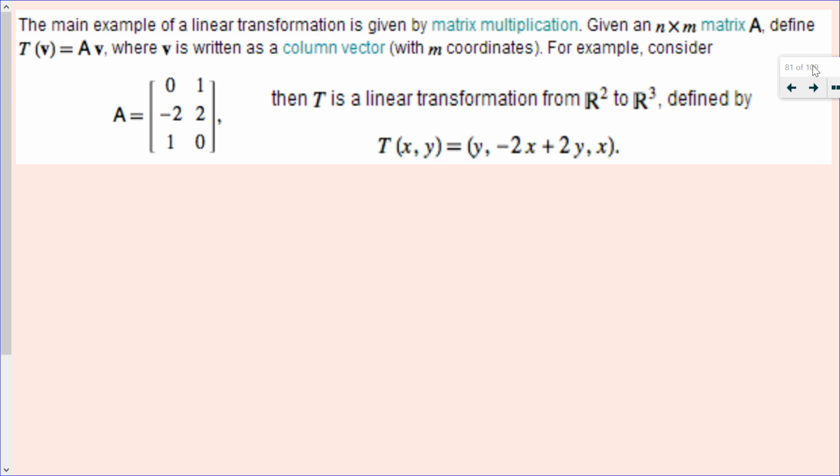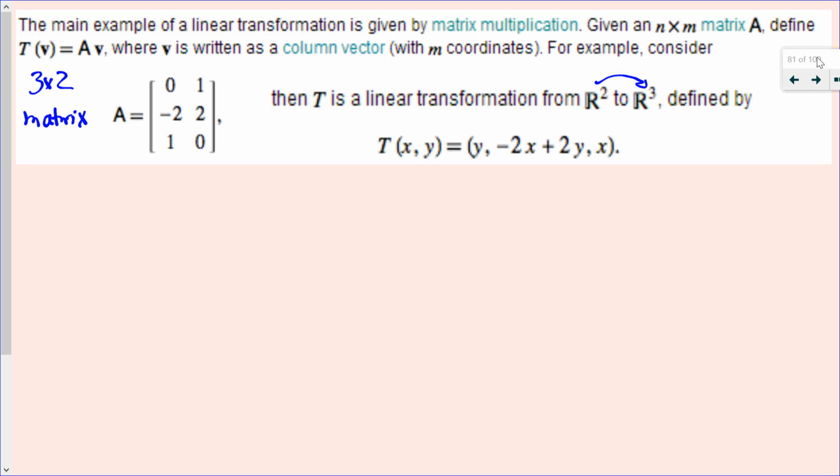So this one transforms from R2 to R3. And we know that because this matrix is a 3x2 matrix. So a 3x2 matrix goes from R2 to R3.